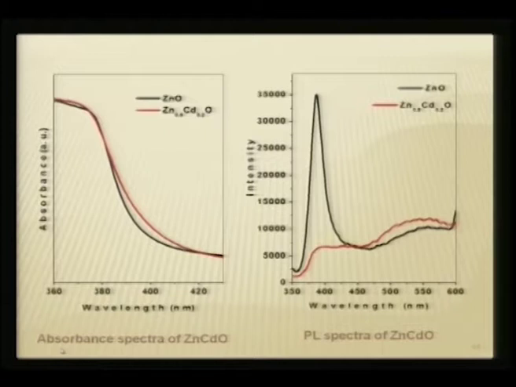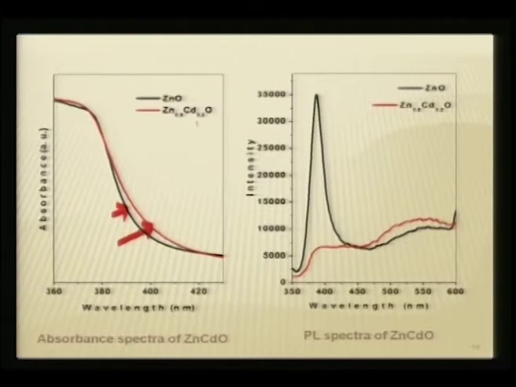But if you look at the UV visible spectra, this is your zinc oxide, and the cadmium doped one slightly shows a change, but this is as expected because cadmium is a low band gap semiconductor. Therefore, when you try to alloy this compound, you should see a redshifted band edge, and that seems to be happening.